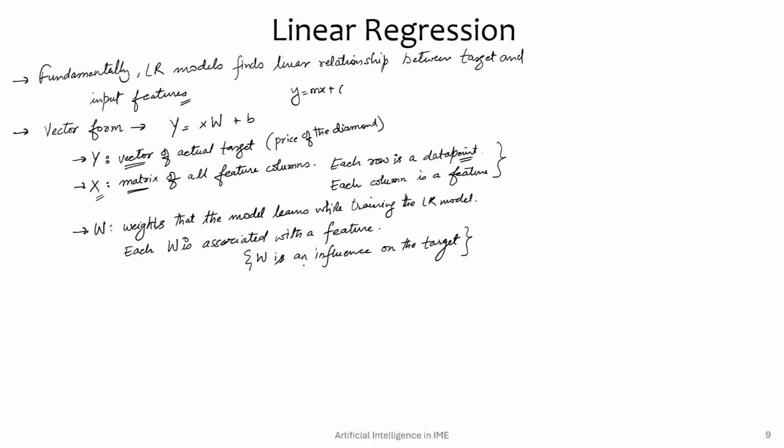So, to understand this better, there is one more term, that is this b, which is known as bias, and this is nothing but the predicted value of y when all features are absent or they have a zero value in the model.